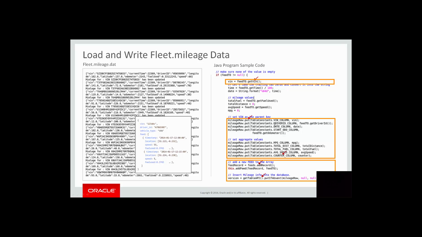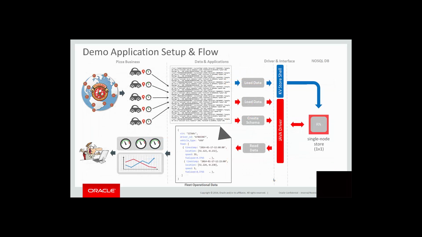Here you create the first, kind of put the row together, then adding to the array, adding to the array, and then use the same command, get table API, put. Straightforward there. So we talk about creating schema, two ways of loading data, and we're going to show that right now.